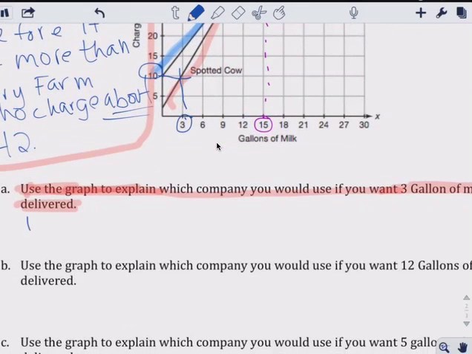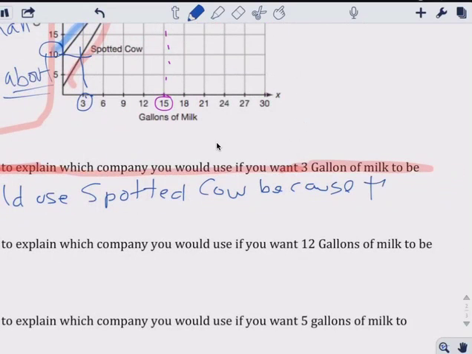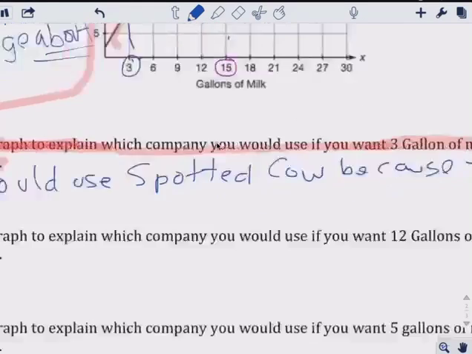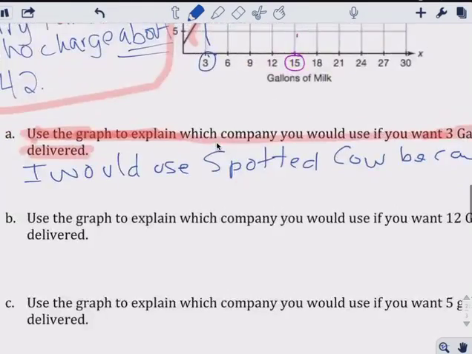So I would use Spotted Cow because they charge how much? They charge $10 exactly, right? The line is there. You can use about if you want, charge $10.